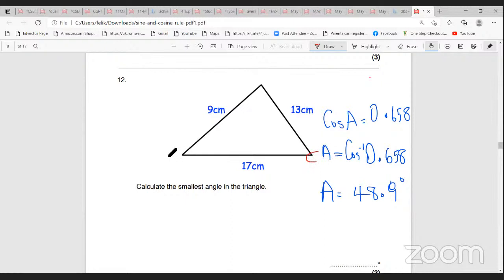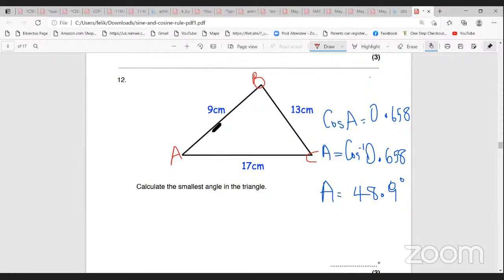The top was A. I think A was 13, B was 17 and C was 19. Okay, is that okay?